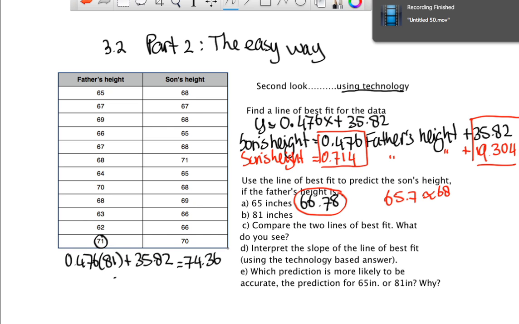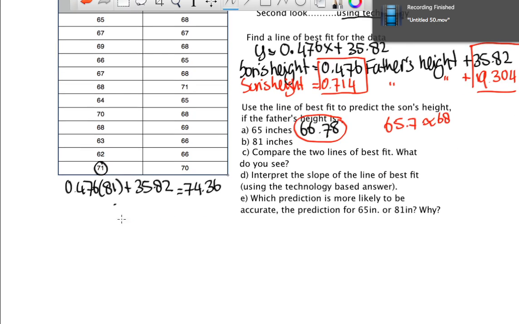Interpret the slope. Well, that's a fairly standard answer that you just have to learn the format for. So let's see, the slope is 0.476. Okay. Put that over 1. Keep in mind that this is a y value, so this was based on the y's, and this one is based on the x's. So son's height goes with the top number, so this is the son, and this is the father. And then the sentence looks a little bit like this.